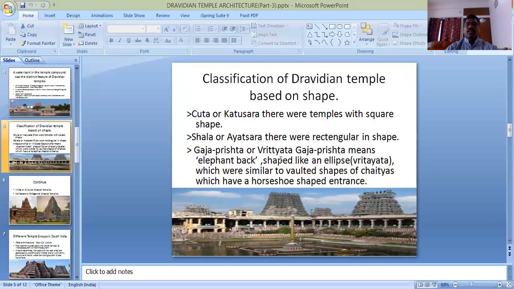Some temples are square, those related with the Kuta or Chaturashra, and the Shala or Ayatashra, which are rectangular in shape. So the rectangular temples are also known as Shala or Ayatashra.